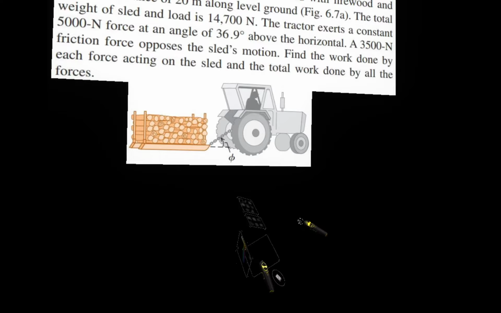First thing to do is identify what we're trying to solve for. In the end, it says find the work done by the forces. So we're trying to find the work, which makes sense since that's the topic today. The next step would be to draw a simpler diagram.